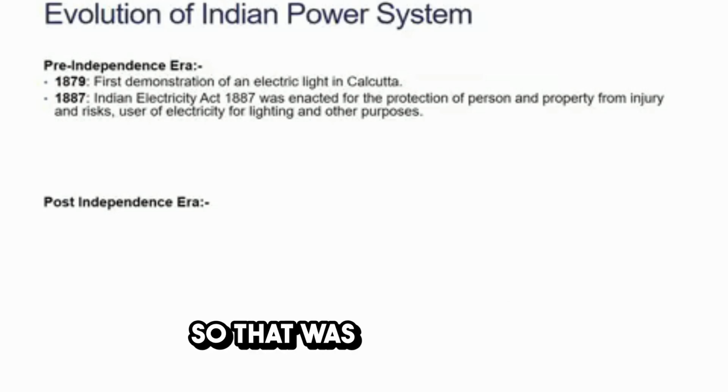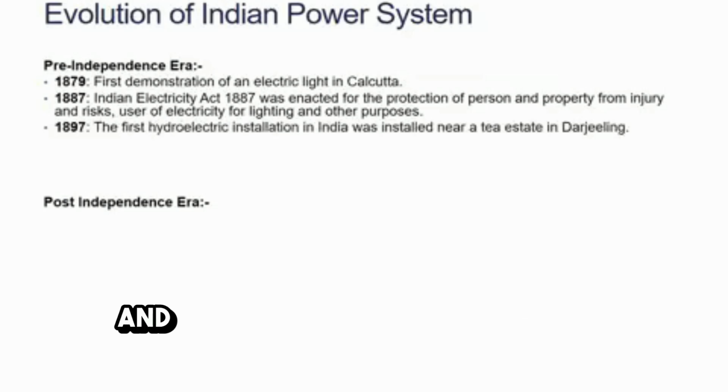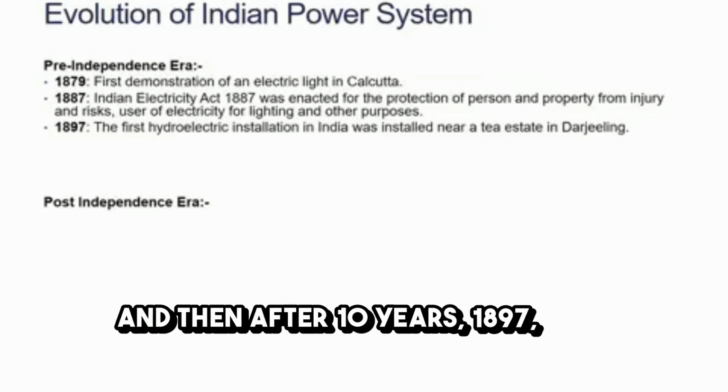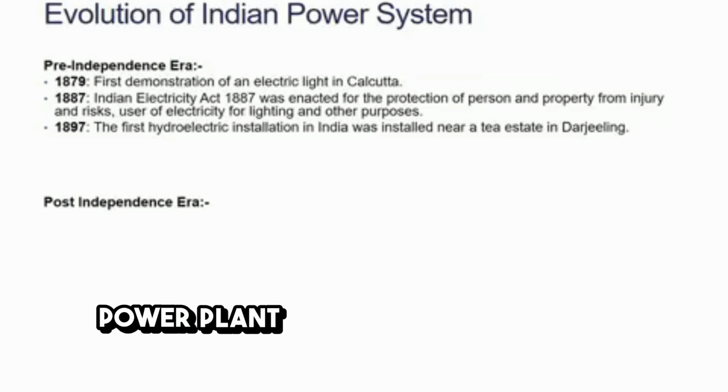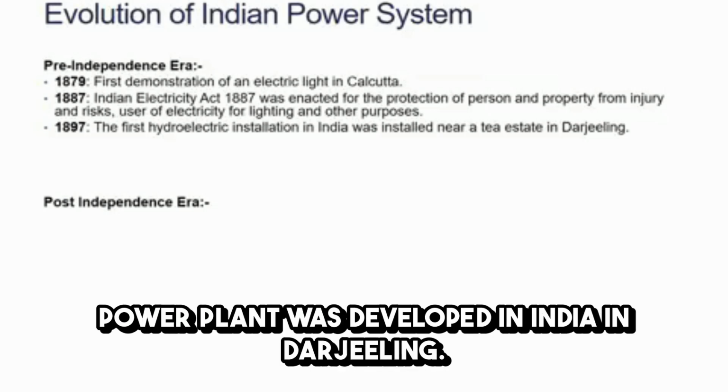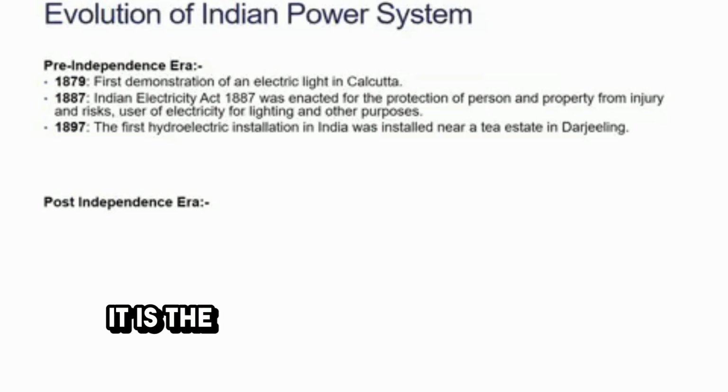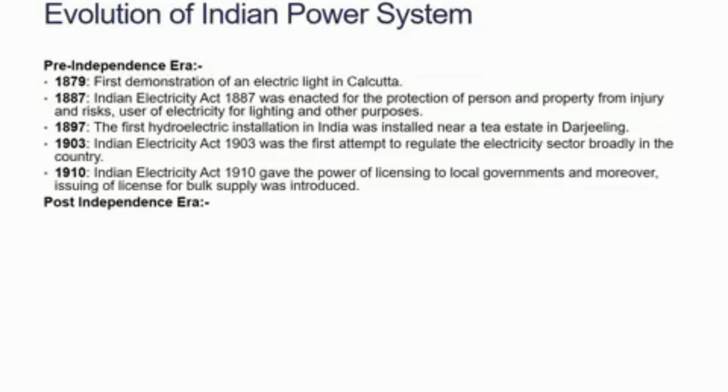So that came in 1887, and then after 10 years, in 1897, the first hydro power plant was developed in India in Darjeeling. It is a city in the eastern part of India.